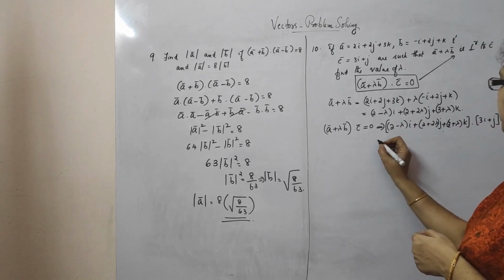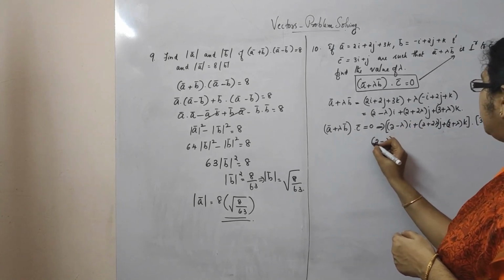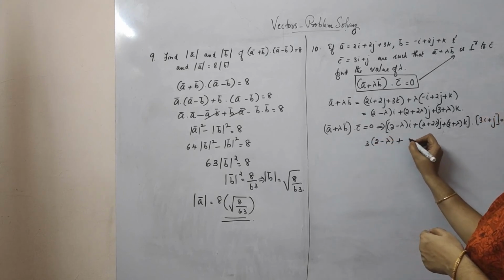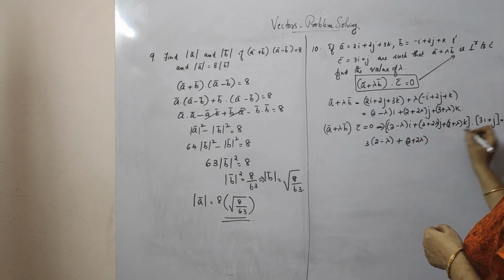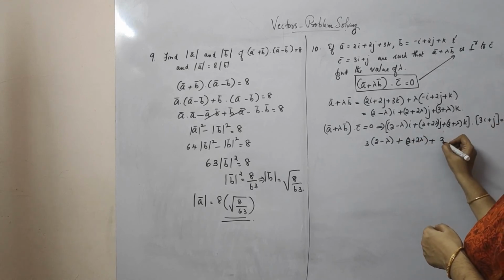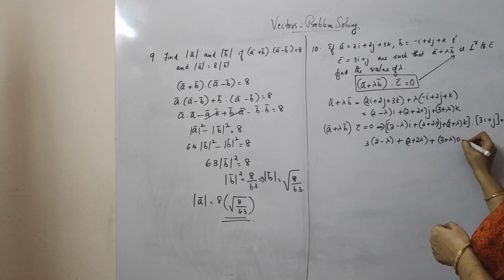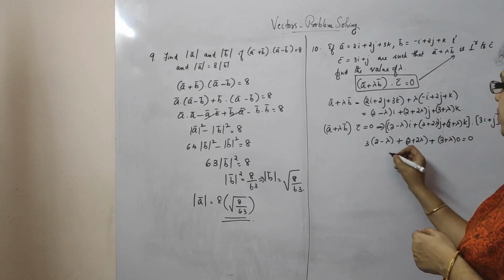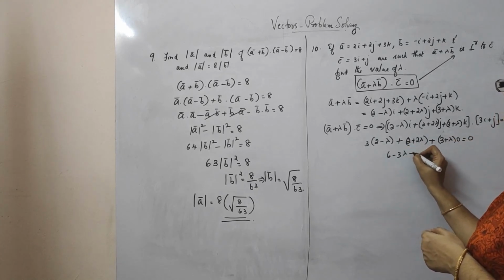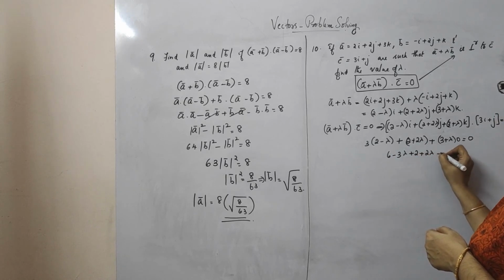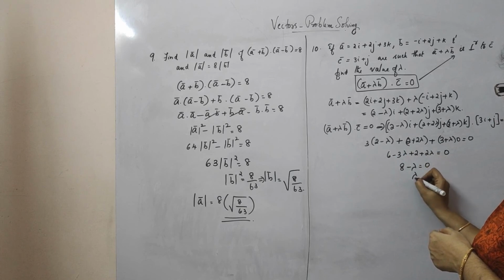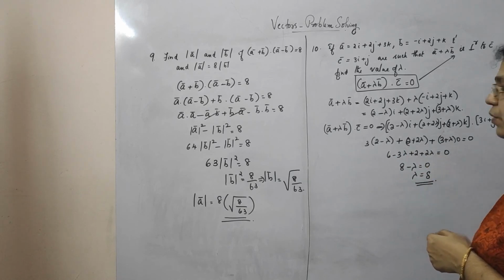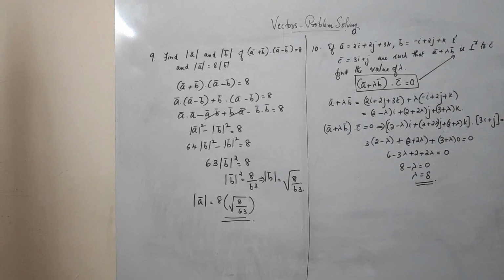Now, this into this, that is (2 minus lambda) into 3 plus (2 plus 2 lambda) into 1, the j value is 1, plus (3 plus lambda) into 0 is equal to 0. So this part has become 0. 6 minus 3 lambda plus 2 plus 2 lambda is equal to 0. 6 plus 2, 8 minus lambda is equal to 0, which implies lambda is equal to 8.